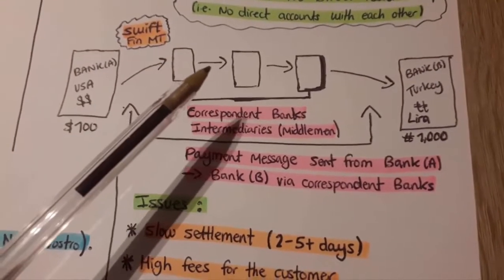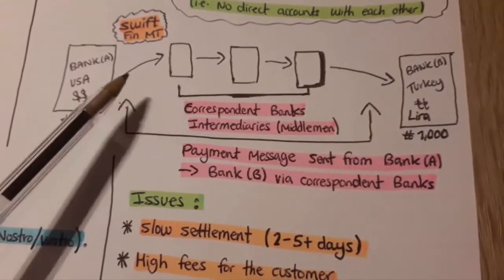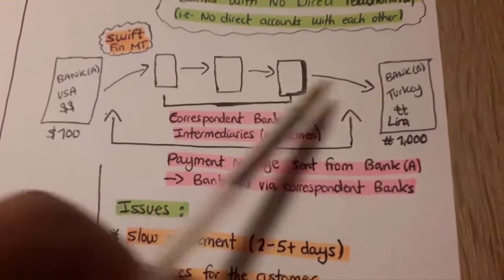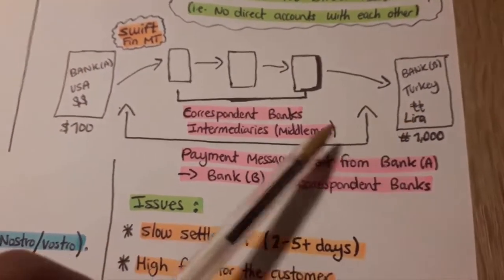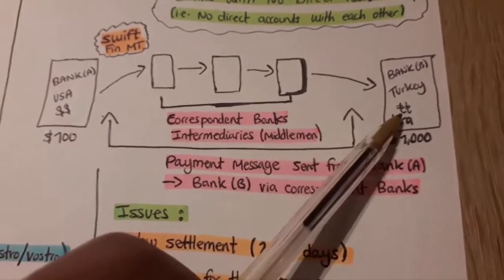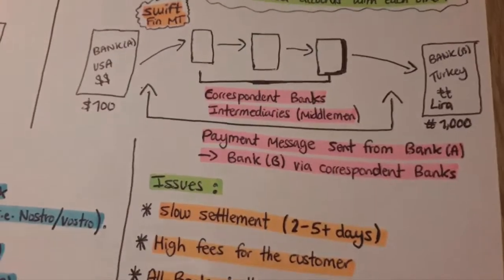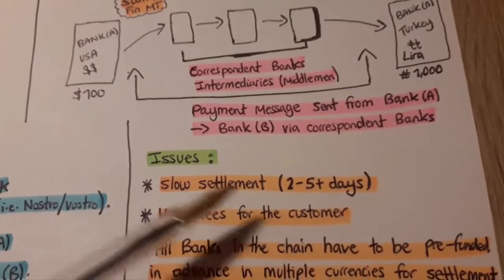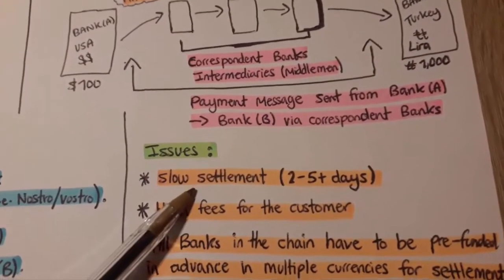So this is a bank where there's not much direct relationship with other banks. So you have to go through long chains of correspondent banks in order to finally get the message over for the settlement to occur. So this could take a long time depending on which currency you're converting to, or doing a cross-border payment to. So you can have slow settlements, 2 to 5 days.